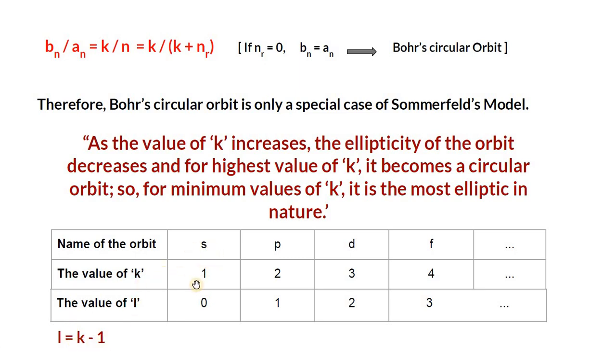So for an s orbital, L is 0, for p it is 1, then 2 and 3 and so on. For your exam, you have to remember the L value, not the k value. That was the old concept, and to explain the Sommerfeld model you will need k, but the actual azimuthal quantum number is L, and they are related like this.